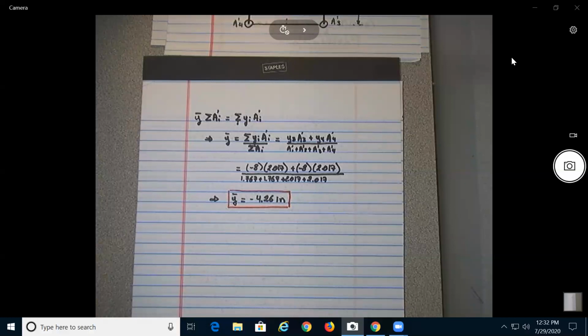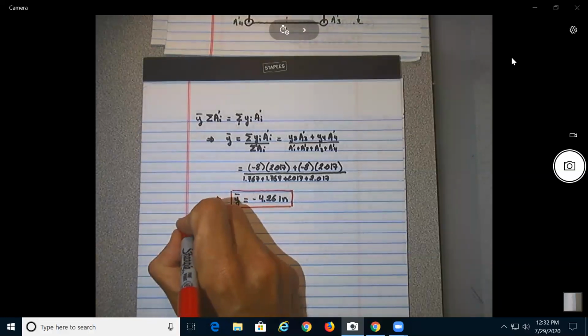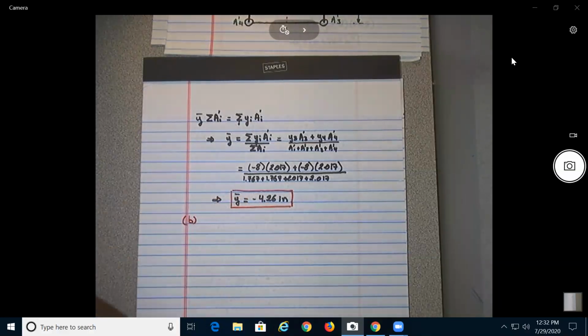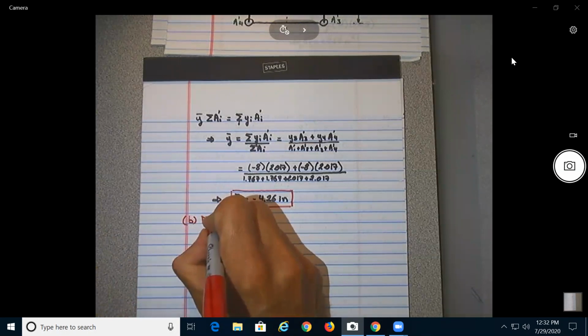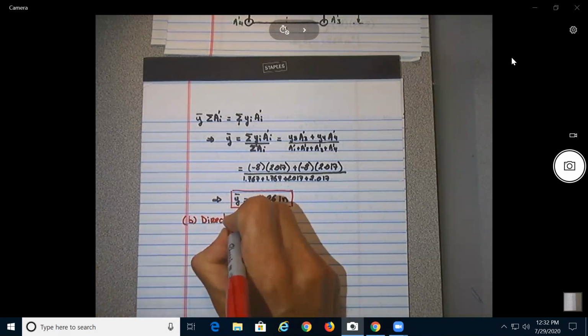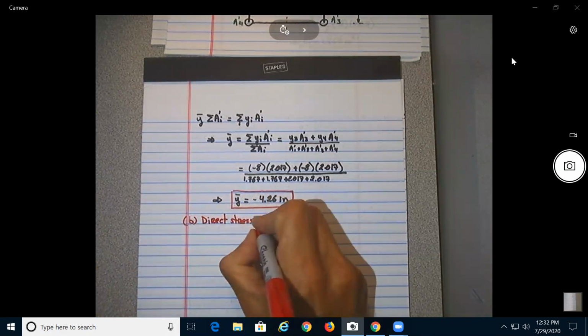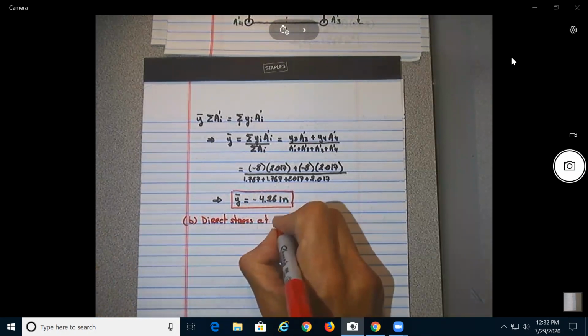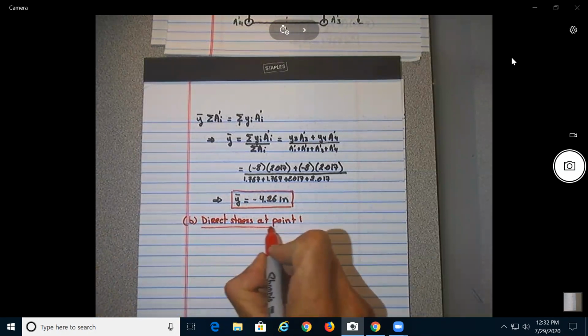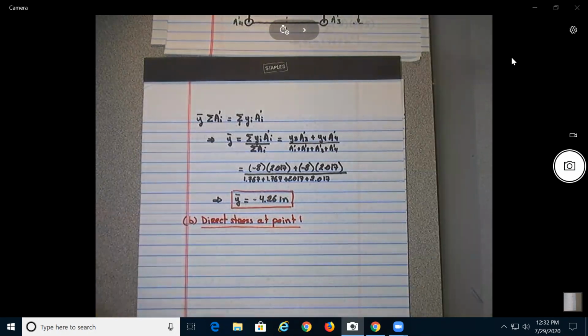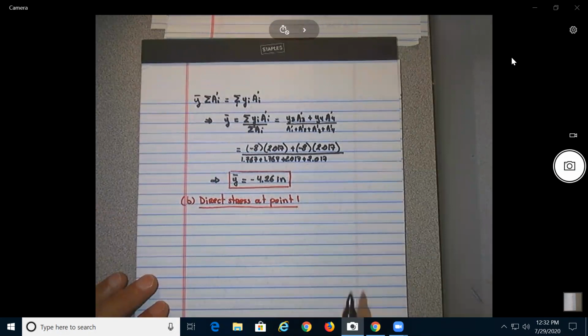Okay, so now let's do part B, which is to determine the bending stress, or the direct stress, at point 1. Okay, so again, I'm going to redo a figure.